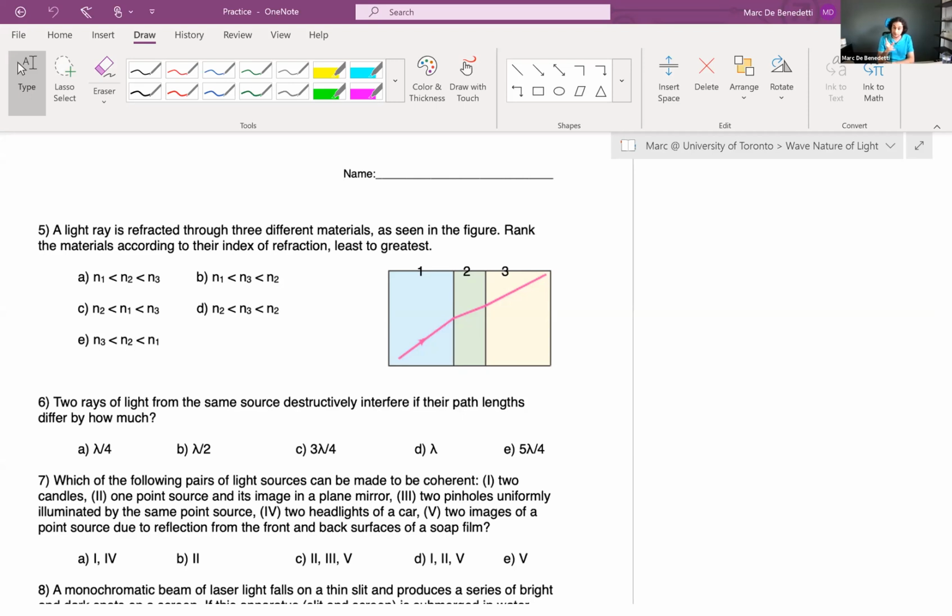Now remember, the index of refraction is a measure of how much bending happens. So more bending happens when the index of refraction is larger. Take some time and see if you can rank the bending and come up with the proper ranking. Whenever you're ready, you can say A, B, C, D, or E.